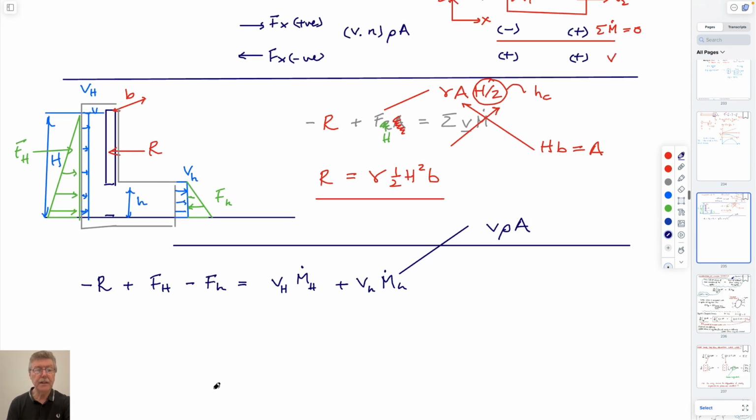If we expand those, we have the reaction plus force in the horizontal direction. We've already got it. It's going to be a half unit weight of water times h squared b. We're going to have this acting in the opposite direction. By permutation of this, it's going to be the same. The centroid is going to be halfway down, so it's half height. So it's just going to be the same term, but we'll substitute lowercase h.